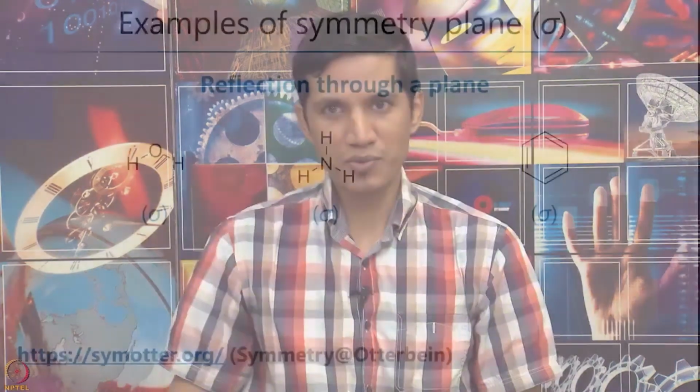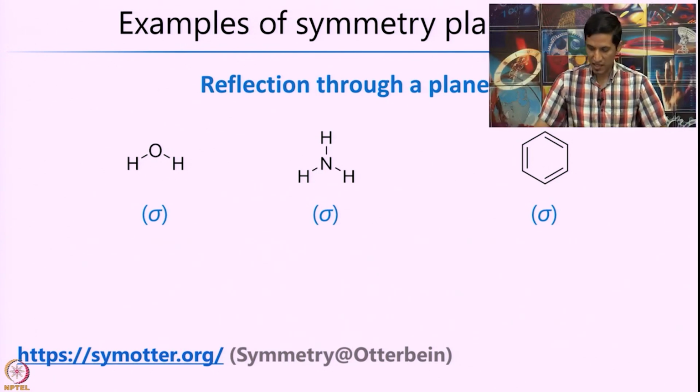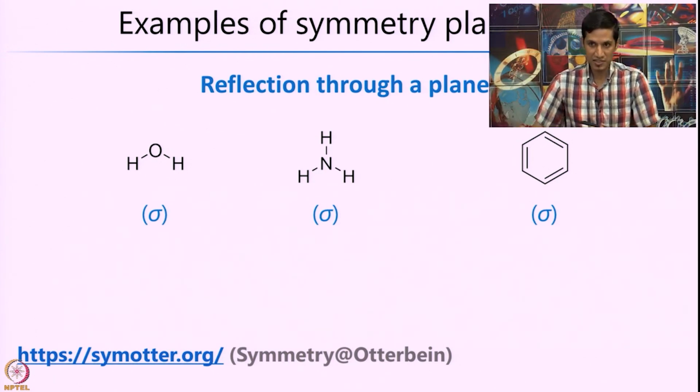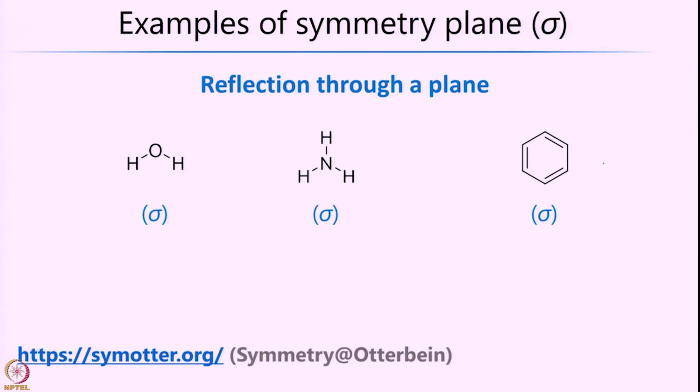And now coming to our more symmetric benzene molecule. You would have imagined or you would have already guessed that here also a similar thing is possible. So let us just look at that briefly. If I draw one more benzene to make it clear, we could have a sigma plane which is going through this and perpendicular to the plane of the benzene, and that would be one sigma plane.